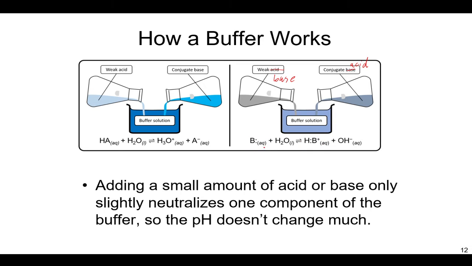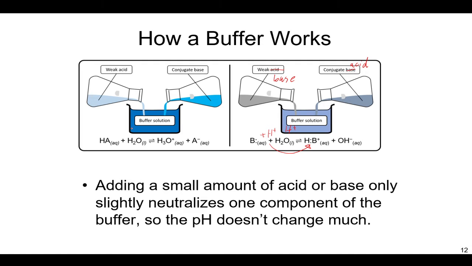Okay, now adding a small amount of acid, as we said before, if we add a little bit of H plus in this solution from some other outside chemistry that's going on, well, this base will react with this H plus to make my conjugate acid.